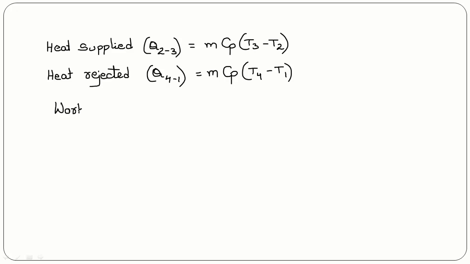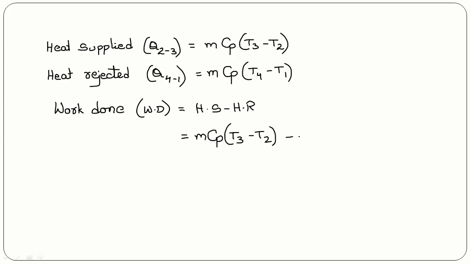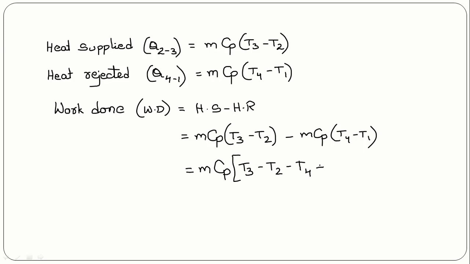Now let us see the work done. So work done is heat supplied minus heat rejected. So we can write this as mCp(T3 minus T2) minus mCp(T4 minus T1), or simply we can write this as mCp(T3 minus T2 minus T4 plus T1).